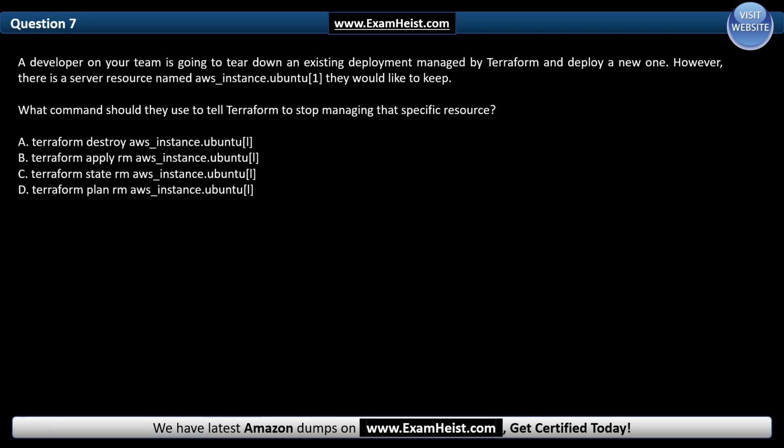Question 7. A developer on your team is going to tear down an existing deployment managed by Terraform and deploy a new one. However, there is a server resource named aws_instance.ubuntu1 they would like to keep. What command should they use to tell Terraform to stop managing that specific resource?